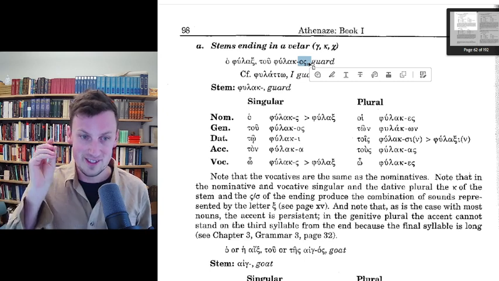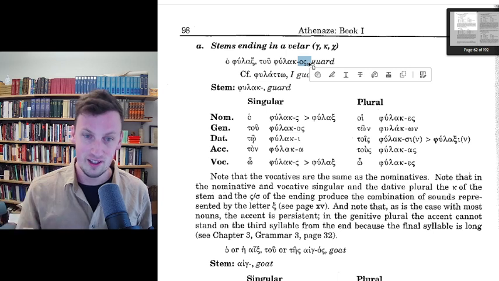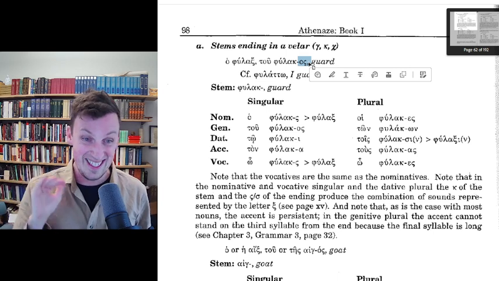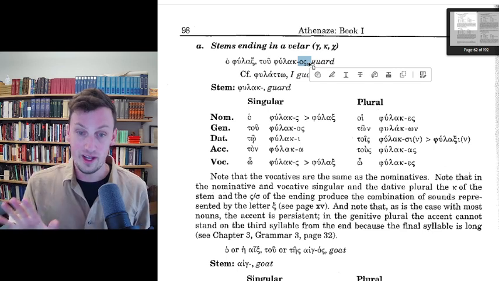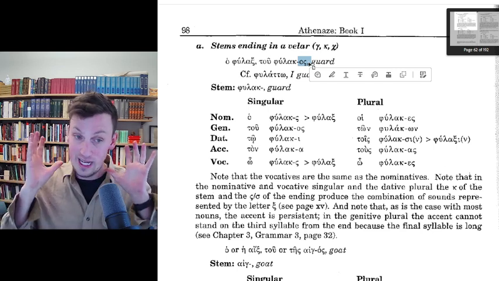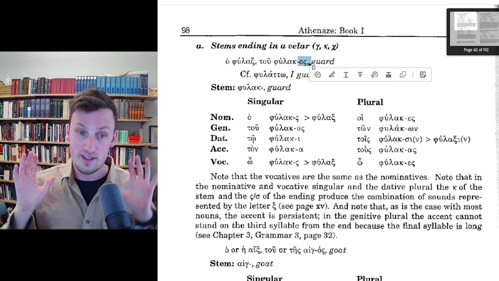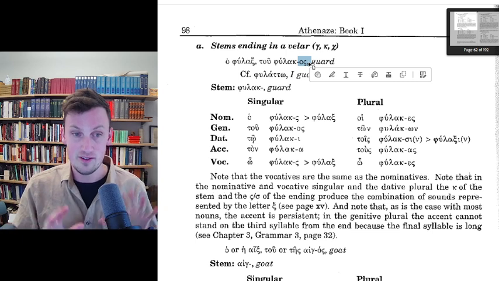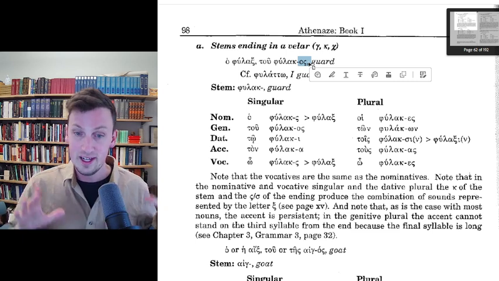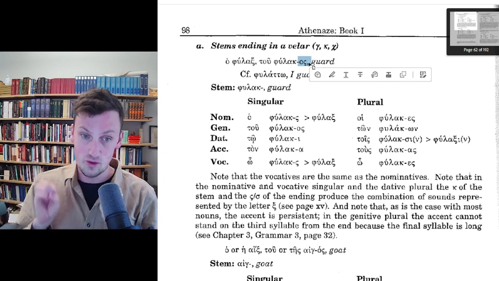So sigma sound plus iota means dative plural, just iota means dative singular. Easy to recognize. Okay, so there's a bunch of stuff here, and you can get lost in this sea of discussions of vowels, consonant sounds, combinations and rules. Go look at that, but don't sweat it.